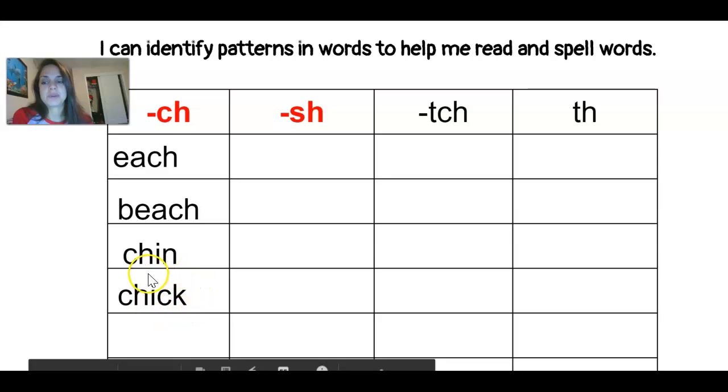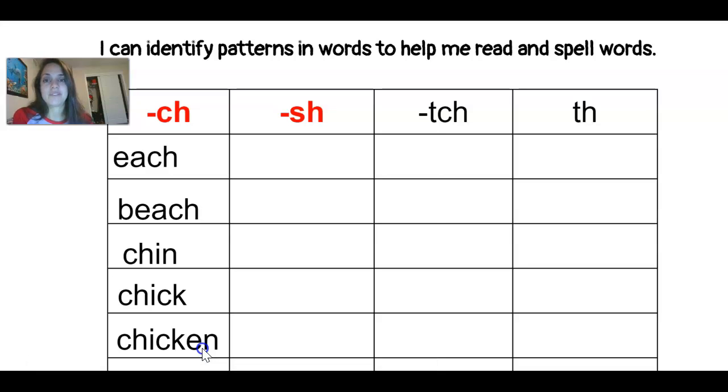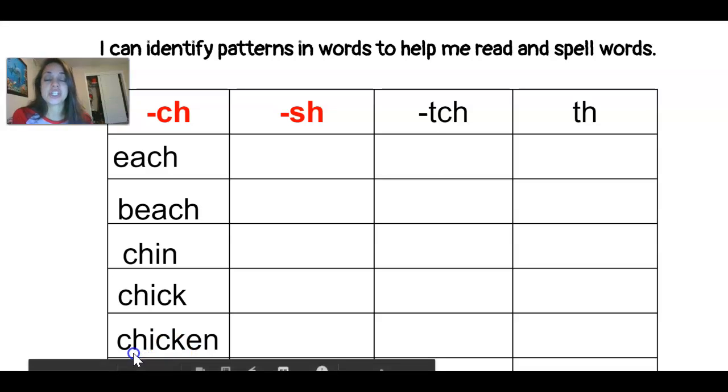I know this word part, ick. And I know this consonant cluster or digraph that makes one sound, ch, ch, ick, chick. So now that I know this base word, chick, I can read it all the way through to the end, chicken. If you haven't tried that word yet, go ahead and read that word, chicken.